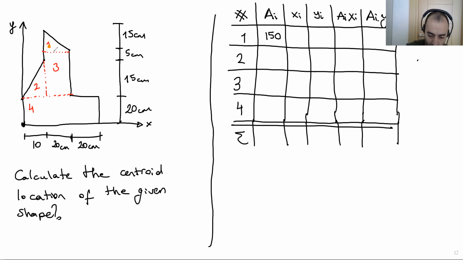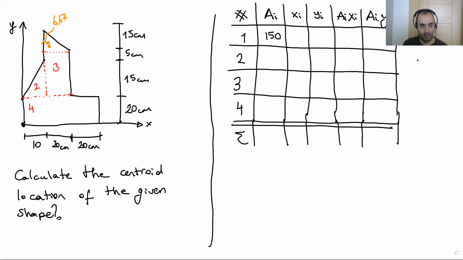Let me calculate the exact number. 20 over 3. Yes, 6.67. Okay, what is the total xi? If you take a look here, check it out.